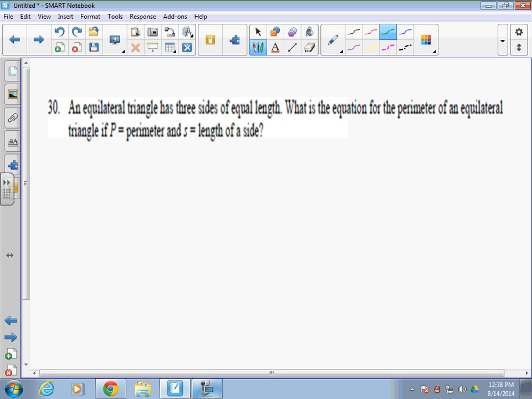Number 30 says an equilateral triangle has 3 sides of equal length. So if you didn't know what an equilateral triangle is, that's what it is right there. 3 sides of equal length. So you have a picture that looks like this, where all 3 of these, that symbol means they have the same length. It says what's an equation for the perimeter of an equilateral triangle, where P is the perimeter and S is the length of a side.